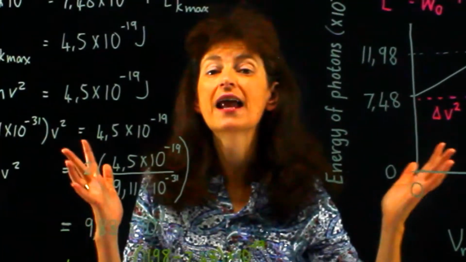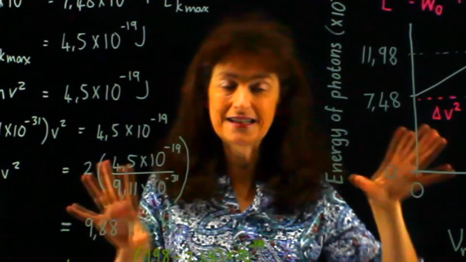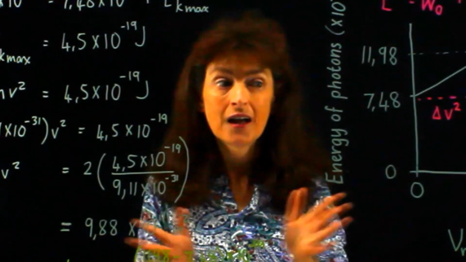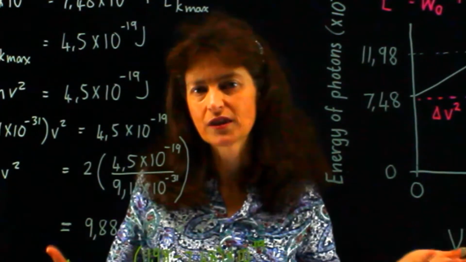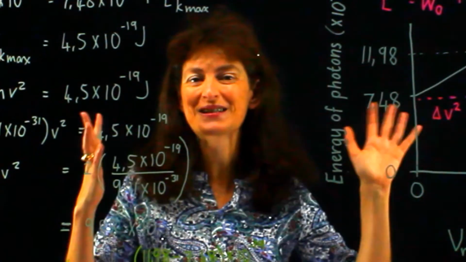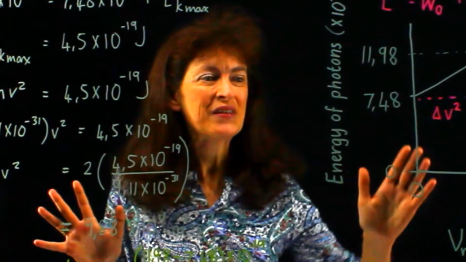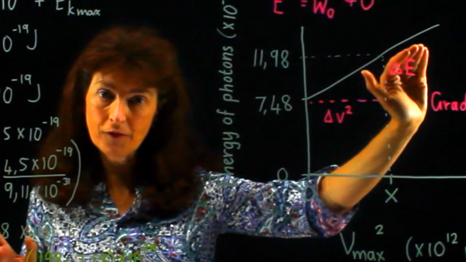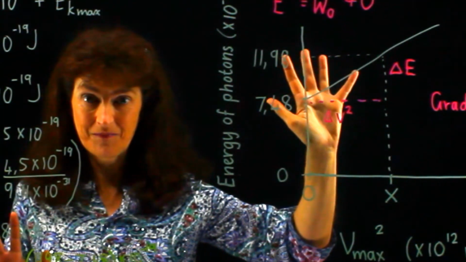And the mass of electrons is always constant throughout the universe. So we can't change what the mass of an electron is by simply using brighter light. So clearly, the gradient of the graph is not going to be altered. It stays the same.